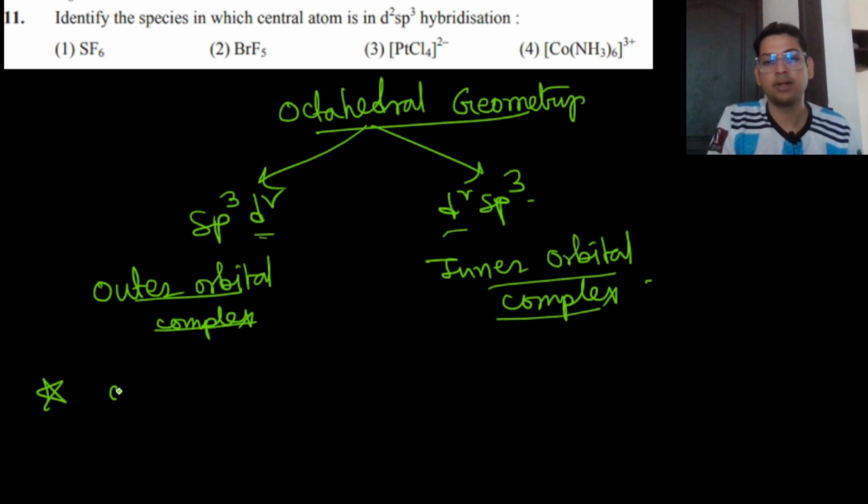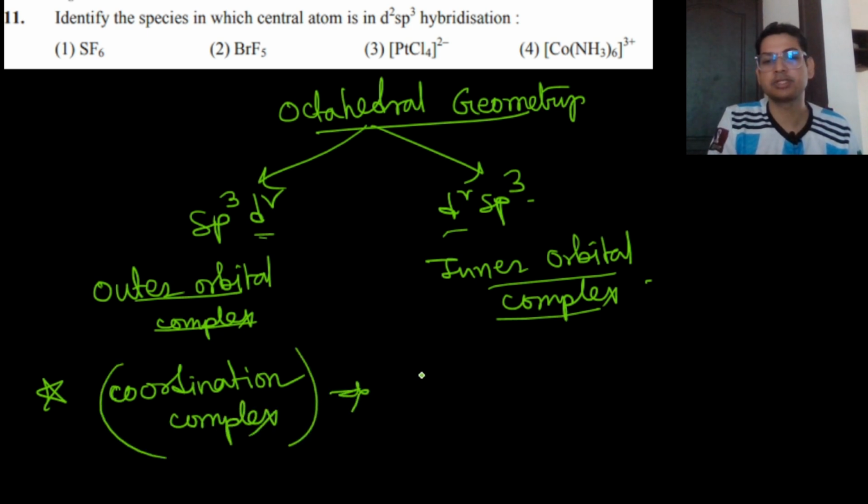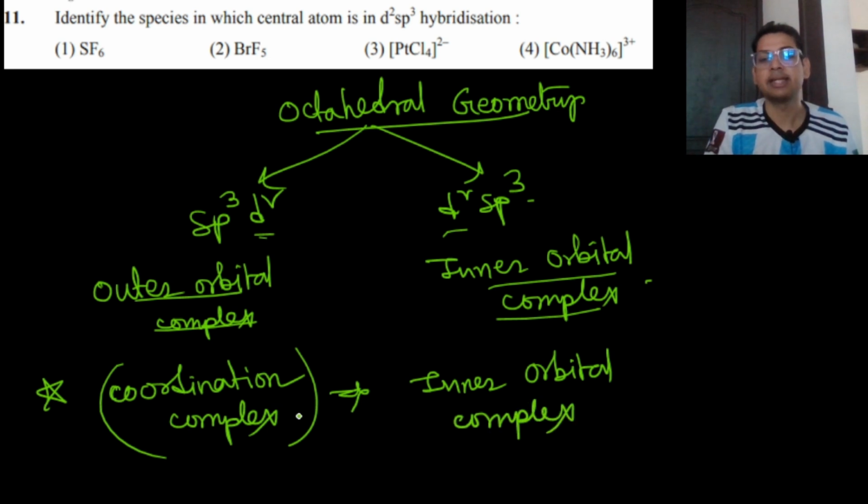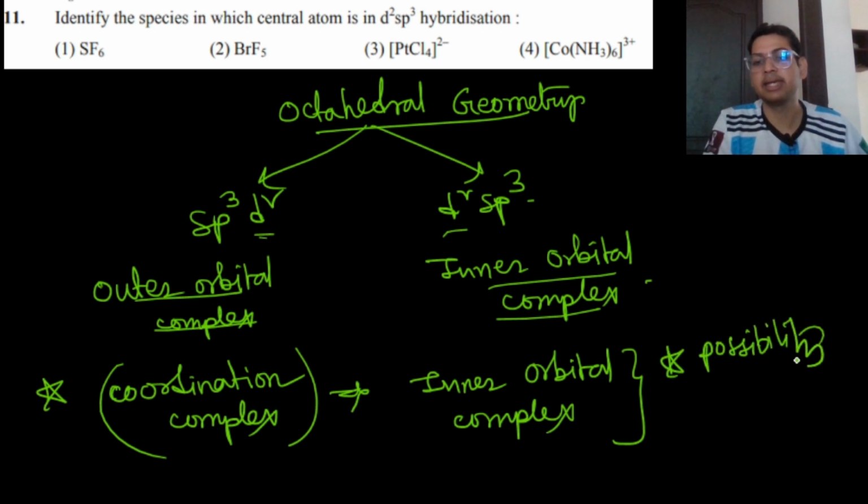Please remember, if you are having only a coordination compound, or we say a coordination complex, then only is there a possibility of an inner orbital complex. Please listen carefully. I am not saying that coordination complex means inner orbital. No, I am saying if it is a coordination complex, then only is there a possibility of having an inner orbital complex.